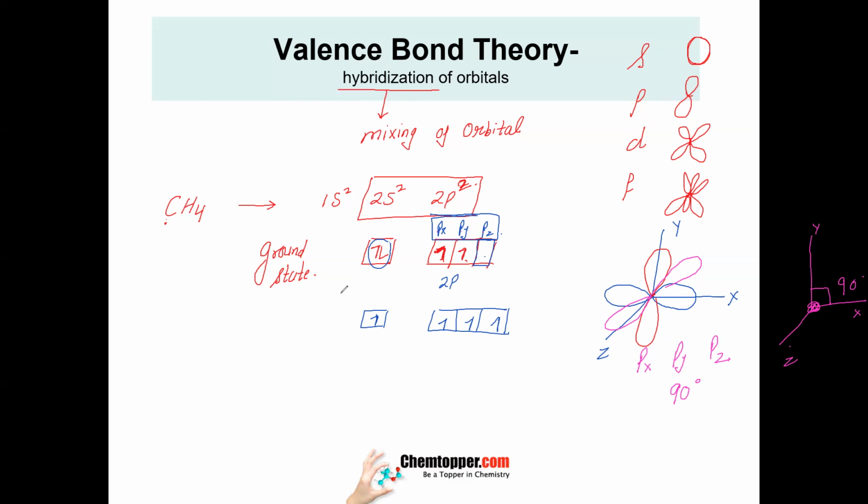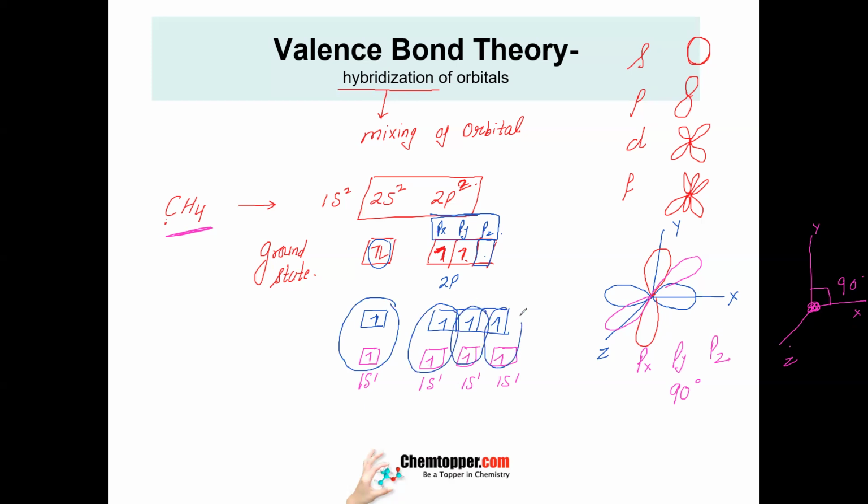Okay. Now, when the bonding is taking place, let's say hydrogen, this hydrogen. Hydrogen is 1s1. Now, this hydrogen is approaching. Four hydrogens are approaching. All these are hydrogens with one electron. 1s1, 1s1, 1s1. They are approaching and they are overlapping like this.